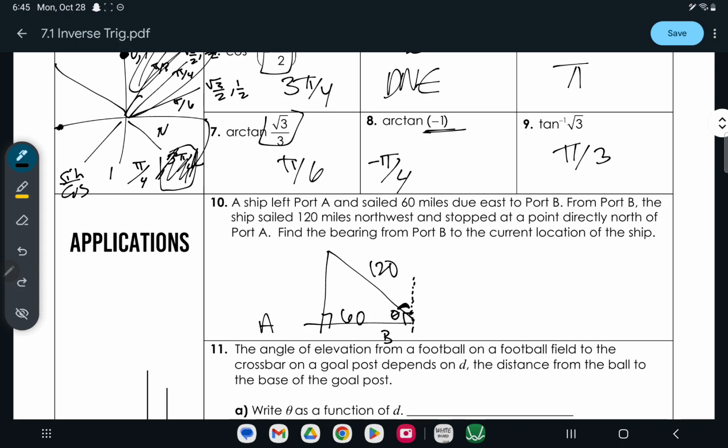So I have adjacent and hypotenuse. That goes with cosine. So cosine of theta is 60 over 120, which is 1/2.